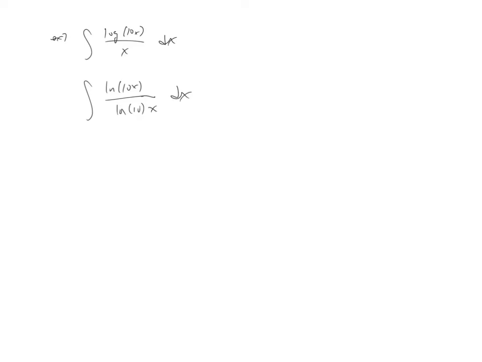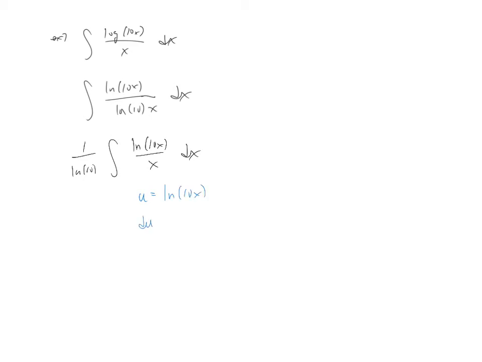So now this 1 over the natural log of 10, that's a constant that I can pull outside of the integral. So 1 over the natural log of 10 comes out, and I now have just the natural log of 10x over x dx. So using our u sub, our u looks like it would need to be the entire natural log of 10x.